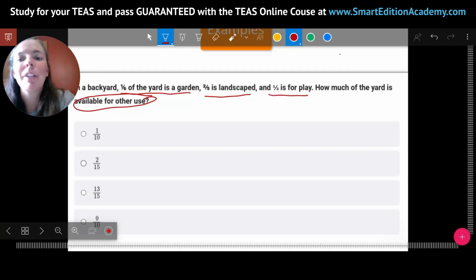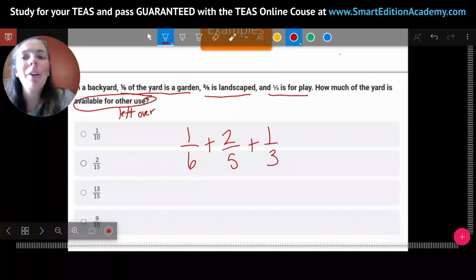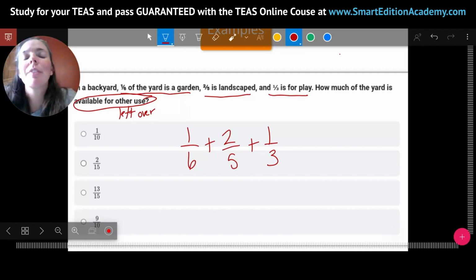So how much is left over, essentially, is how I'm reading this question. So if I add up what's being used, then hopefully that'll help me find what's being left over. Notice how I'm having to use my strategies for adding fractions in order to even solve this question. So this will definitely come back in word problems.